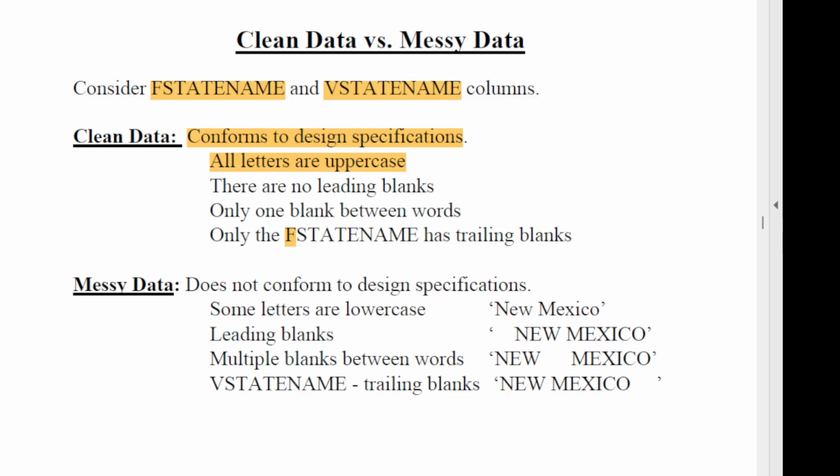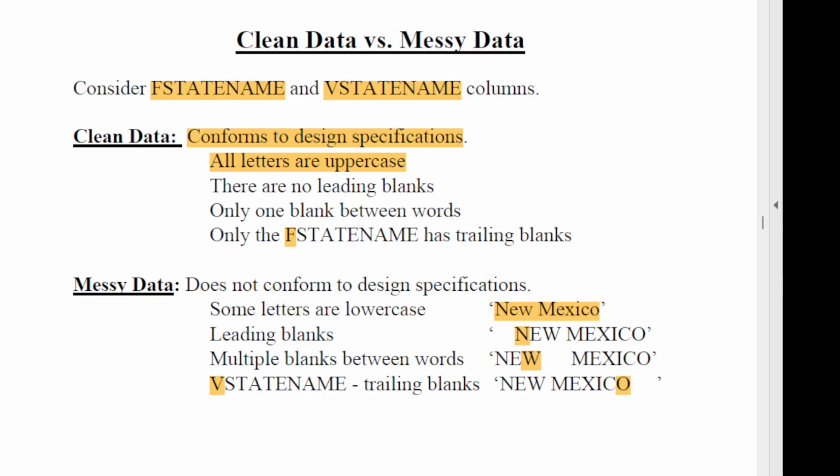Messy data does not conform to design specifications. Here's New Mexico, but some of the letters are lowercase. Here's New Mexico with a leading blank, multiple blanks in front of N. Here's New Mexico with multiple blanks after the word New. And here's New Mexico with multiple blanks after the letter O in the variable length character string.